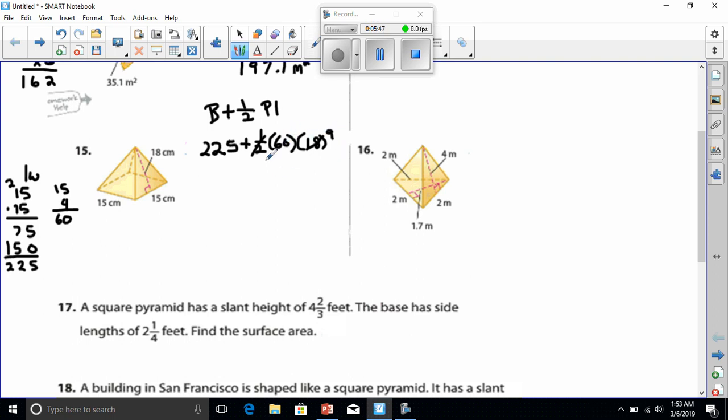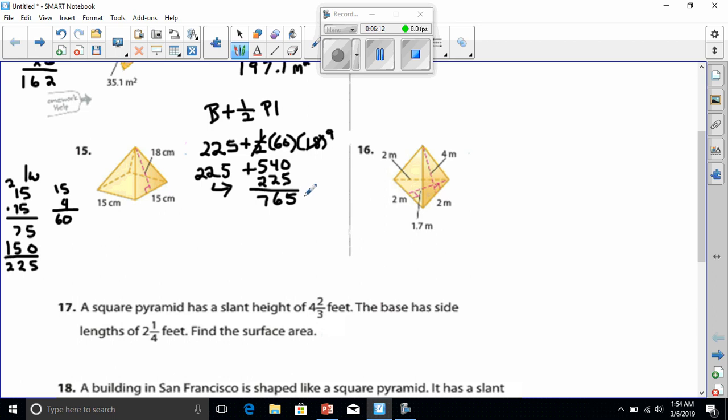So 60 times 9 must be 540. And I have to add that to 225. If I put that down there to make it easier on myself, I see that I have 765.